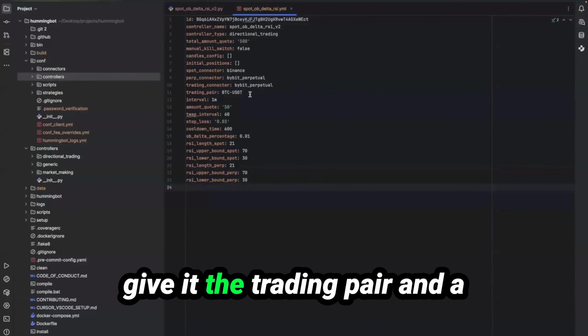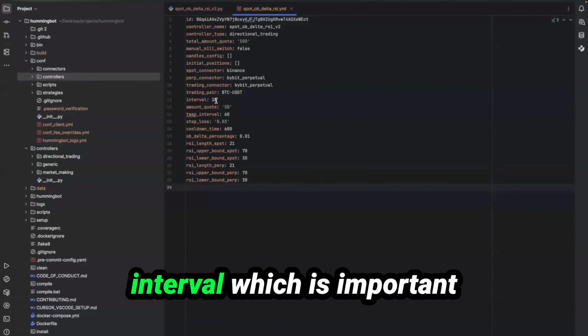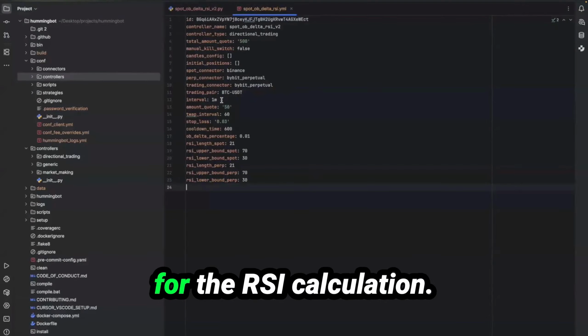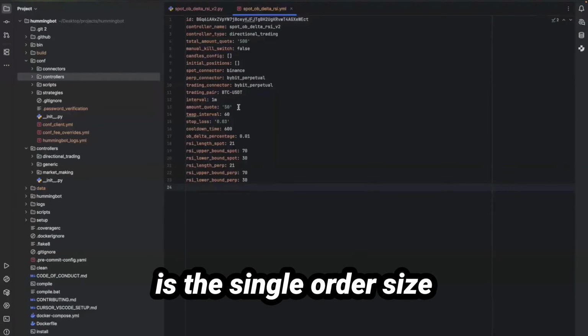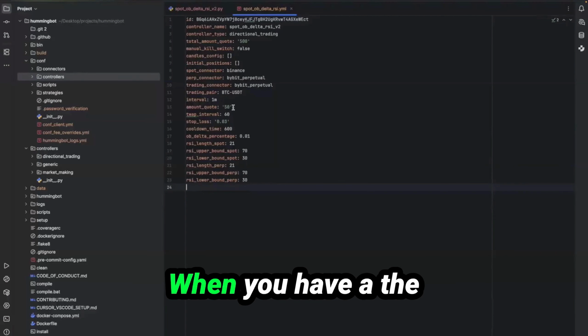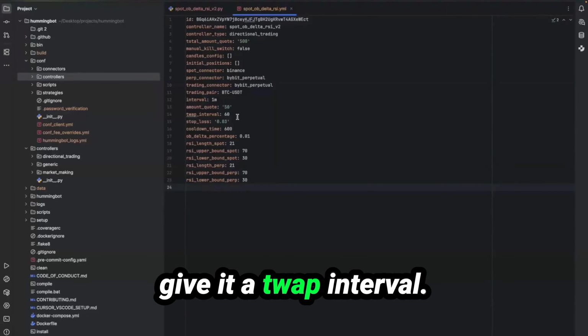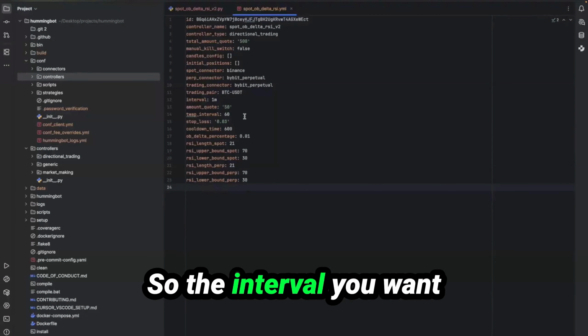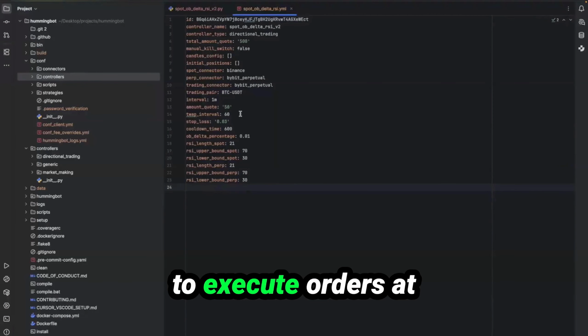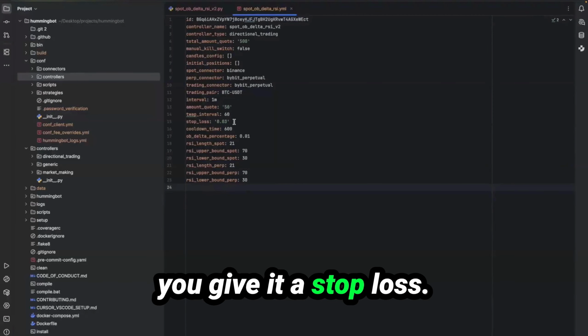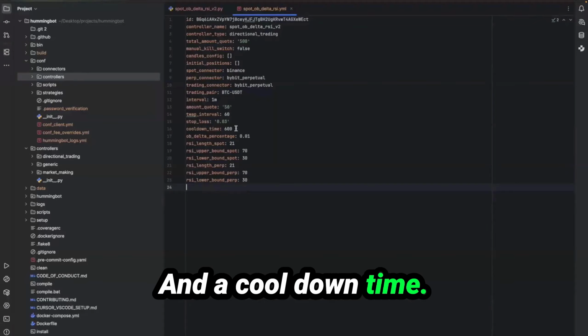Of course, you have to give it the trading pair and an interval, which is important for the RSI calculation. Then the amount quote is the single order size that you give it when you have the TWAP running. Then you give it a TWAP interval, the interval you want to execute orders at. You give it a stop loss and a cooldown time.